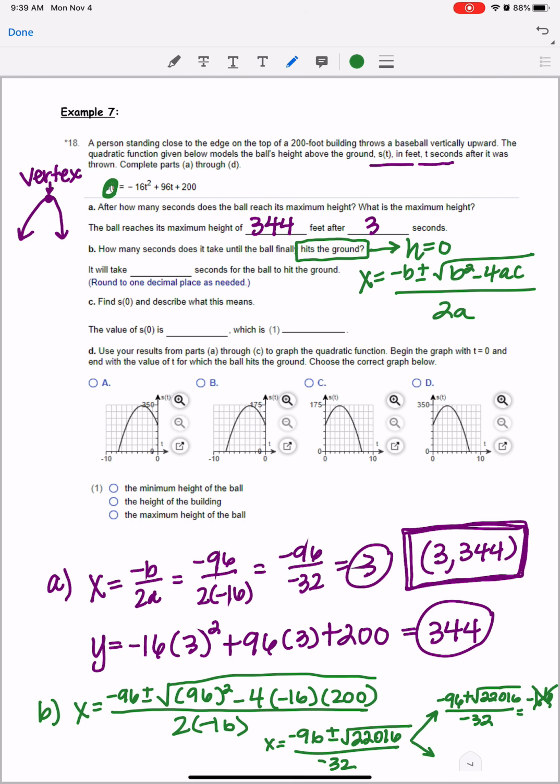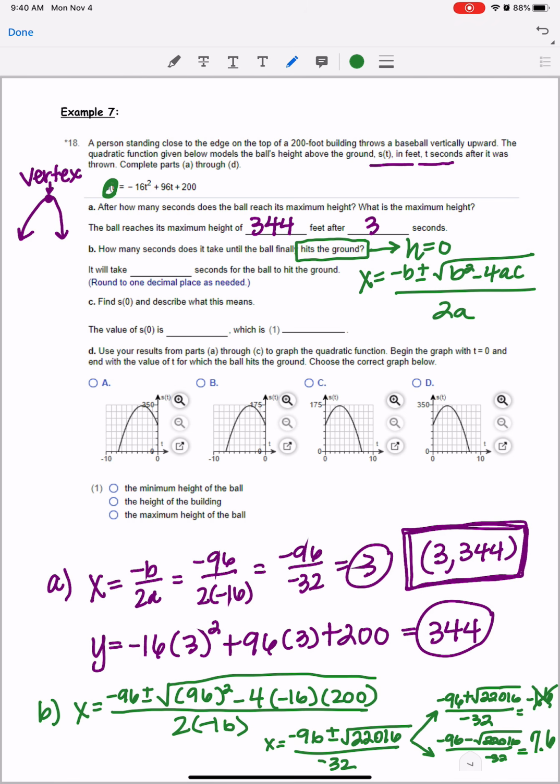Now we've got negative 96 minus the same square root all over negative 32. So same thing, put in the top, hit enter, then divide by negative 32, and we get 7.6.